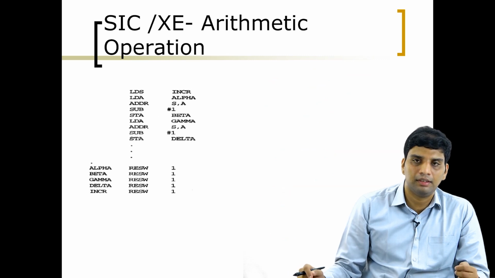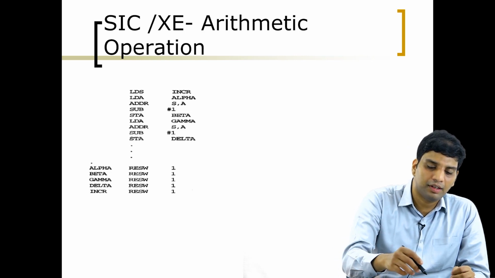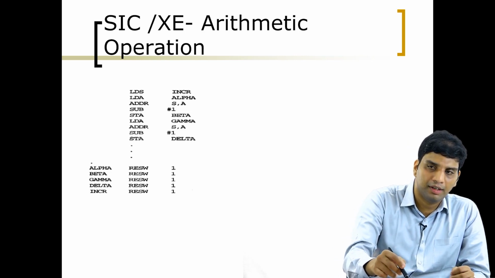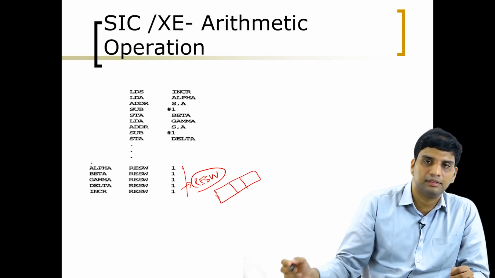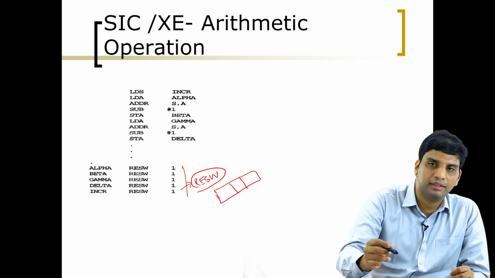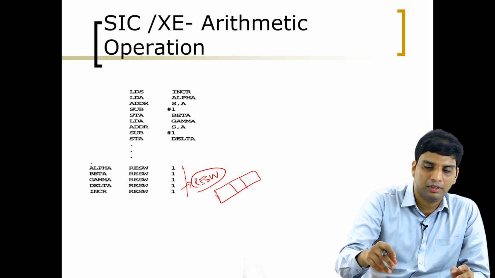Next, by means of SIC/XE, how the same arithmetic operation takes place. Listen here, again we have declared 5, so reserved 5 values. As you know, it will reserve 3 consecutive bytes, and we are not going to give values.